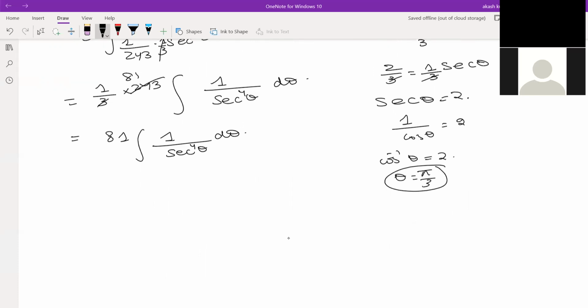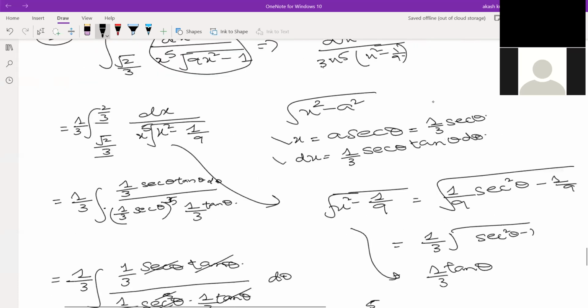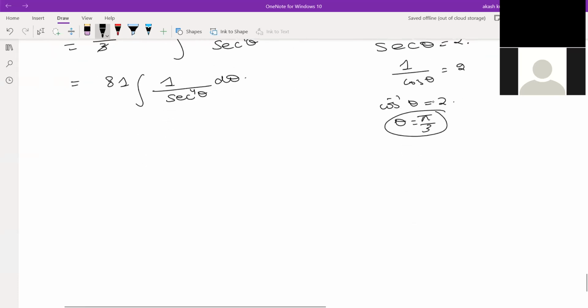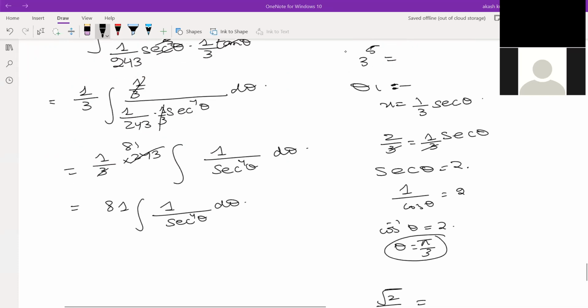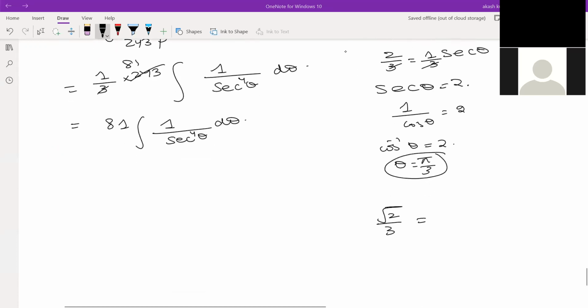Another theta is, x1 is square root 2 by 3, equal to 1/3 sec theta. This 3 cancels out. Sec theta is equal to square root 2.